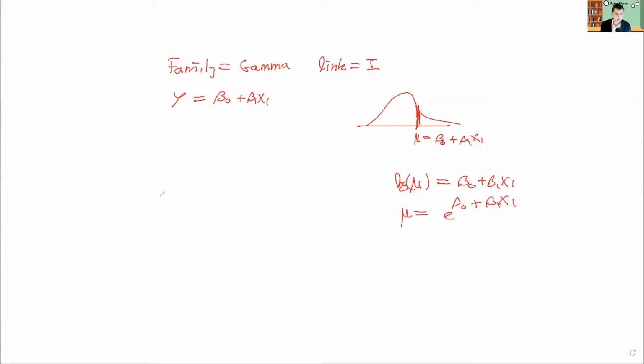A PDF is a probability density function. Like for a binomial, the PDF is n choose k, x to the k, 1 minus x to the n minus k. That's the PDF.